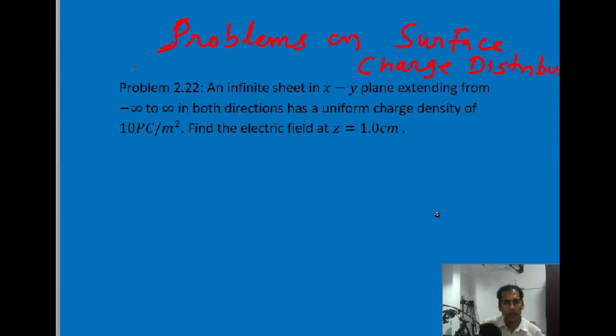So surface charge distribution means there is one infinite sheet on xy plane extending from minus infinity to plus infinity in both directions, has a uniform charge density of 10 picocoulomb per meter square. Find the electric field intensity at some height z equal to 1.0 centimeter.